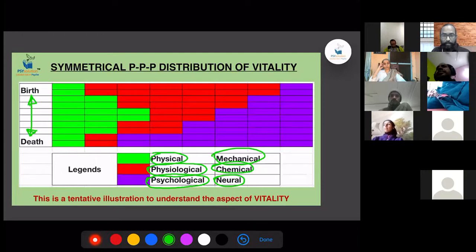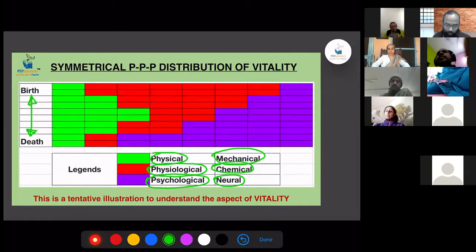Try and understand. When we propose that the vitality is finite and it cannot be increased or decreased, how does the vitality get distributed along the lifespan? We need to understand this using this image. After the birth, the physical allocation is very less.